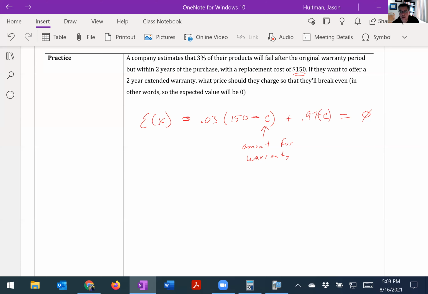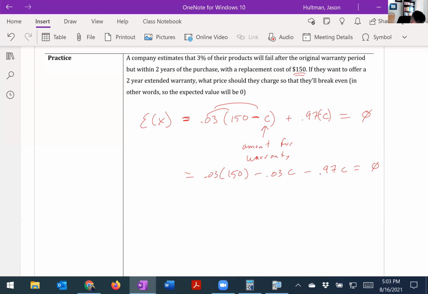We have to pay that money in. So I'm going to make that a negative C. Okay, so we're going to distribute this. This is 0.03 times 150 minus 0.03 C minus 0.97 C is equal to 0.